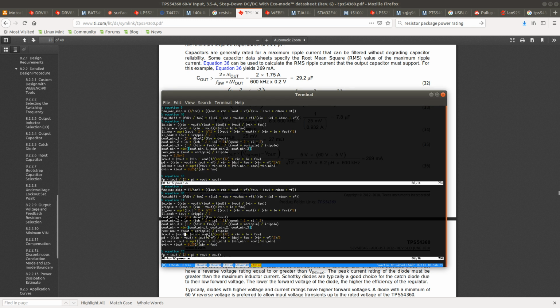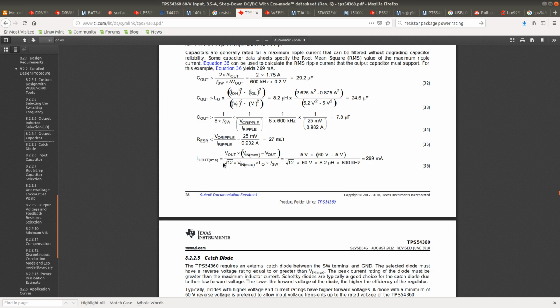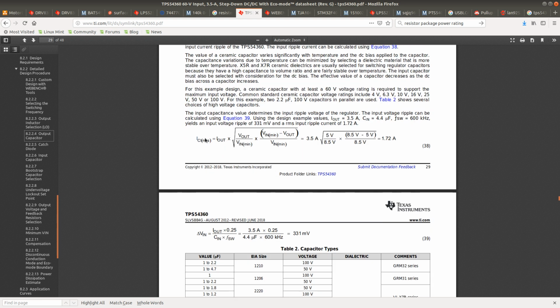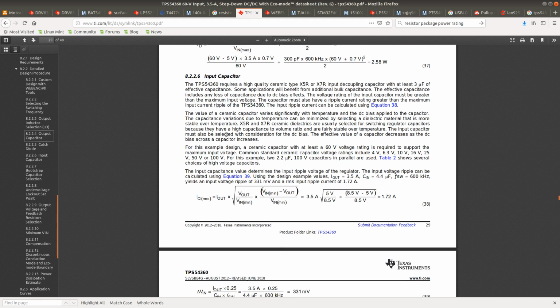Out, and then yes. Okay, so IC out is the IC out RMS, and then we have the ICI RMS. So this is for the input capacitor.